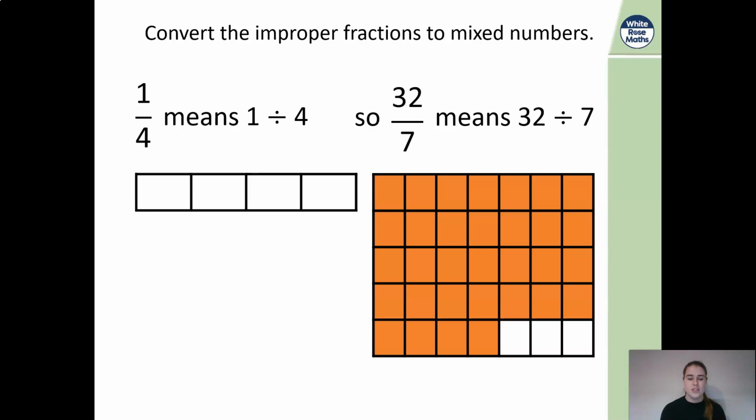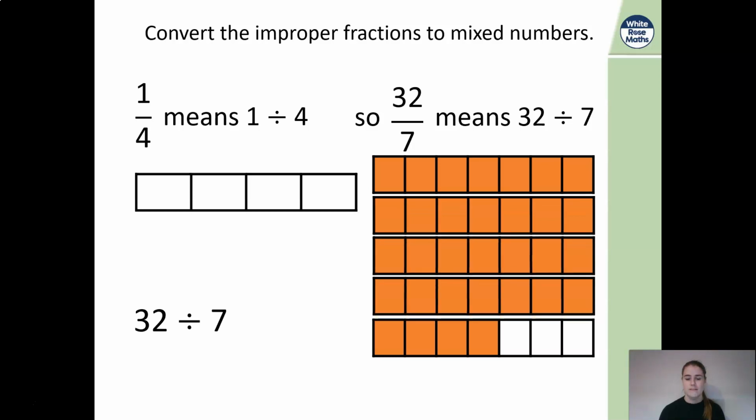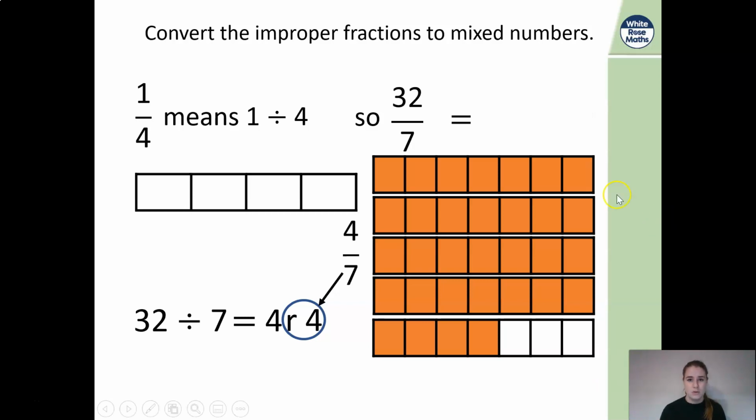Now if we look at that as a fraction, 32 divided by 7, we're saying 1, 2, 3, 4. Okay, so I've got 4 wholes. But then I need to count, well, how many are left over? What's my remainder? Here I can see I've got 4, so it would be remainder 4. Now I change that remainder into a fraction, which would be 4/7. Therefore, 32 divided by 7 is the same as saying 4 and 4/7.